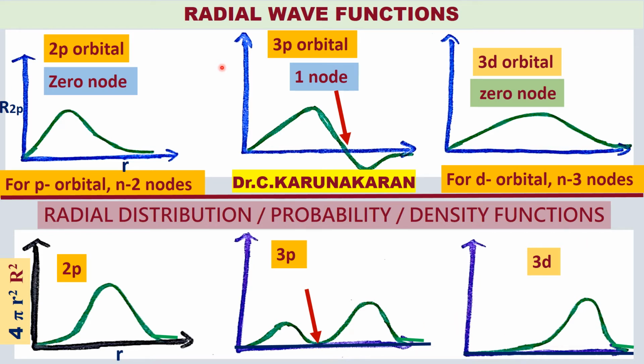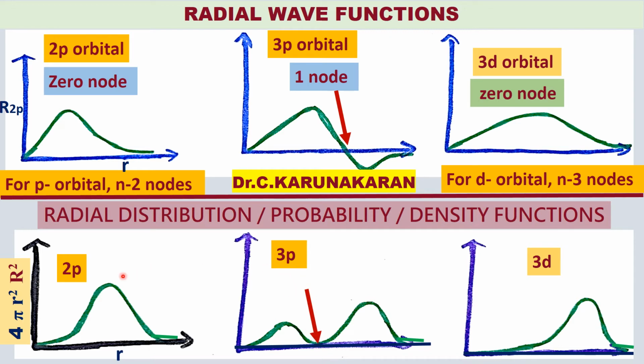Again, I have shown here one node. At a nodal point the probability of finding the electron is 0. At this radial distance, 4 pi r square R square equals 0. Therefore the probability of finding the electron is 0.